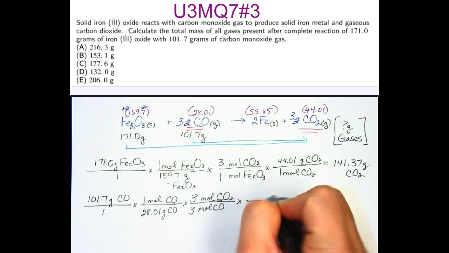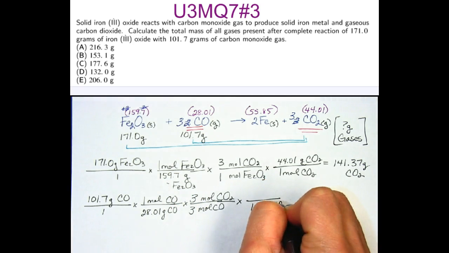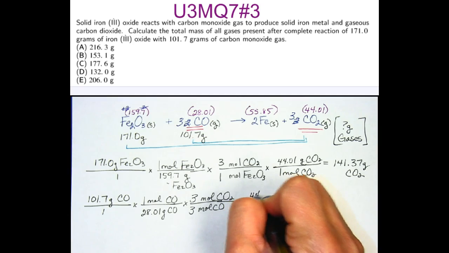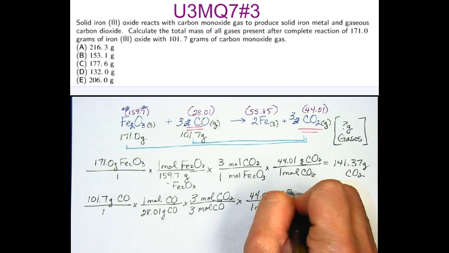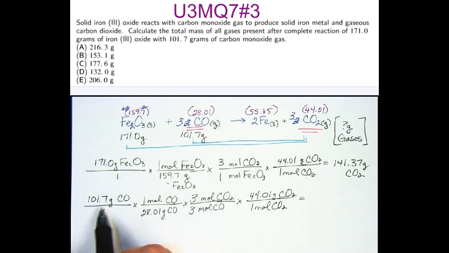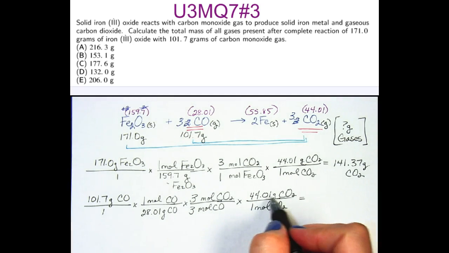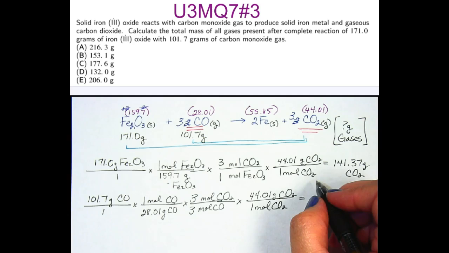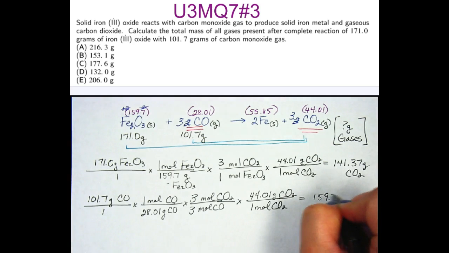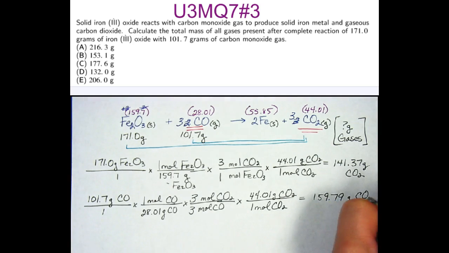And then convert carbon dioxide to grams. When I type in 101.7 divided by 28.01 times 3 divided by 3 cancel, and then times 44.01, we get 159.79 grams of carbon dioxide.